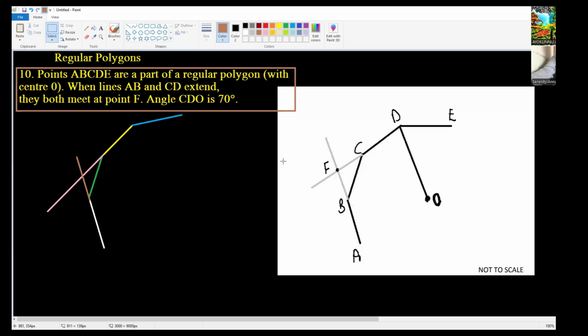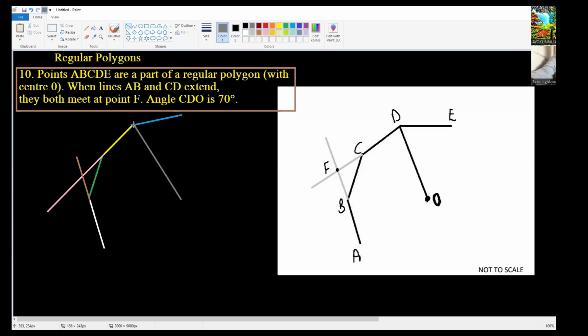So you can see that I'm trying to draw the shape again. Now let me try to fix center O. Let's say if this is the center of the shape, can you see this? Yes. So, like this way.